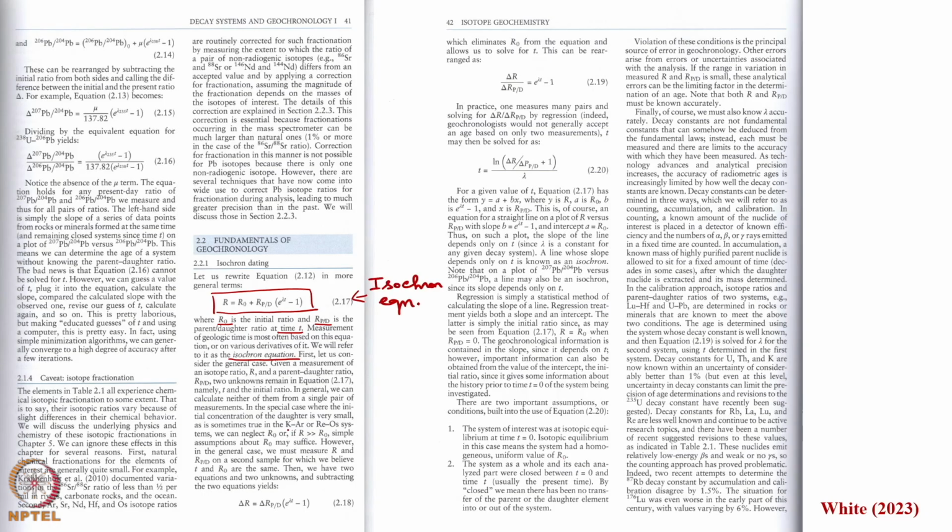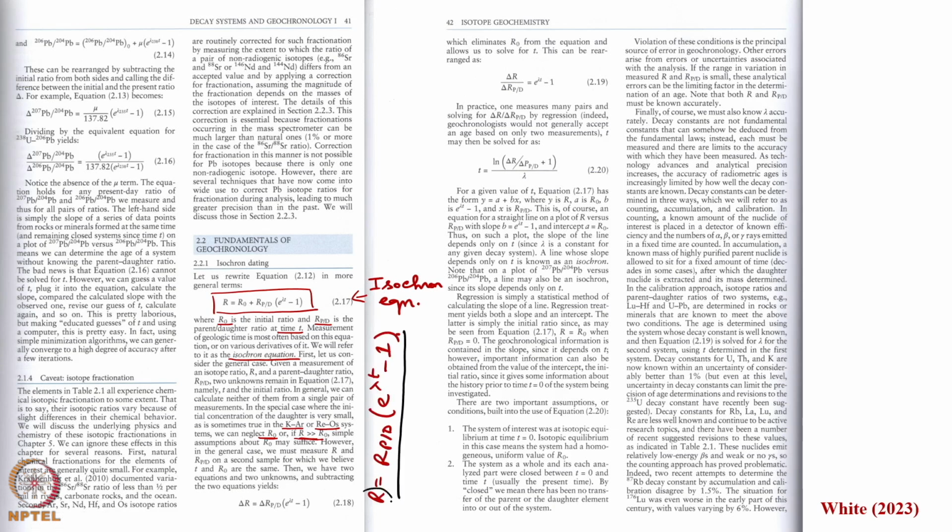There are certain radioactive decays such as potassium argon and Re-Os, where R0 can be neglected because it is too small, or if R is much more than R0, the equation can be simplified to R equals Rp/D multiplied by e to the power lambda T minus 1.